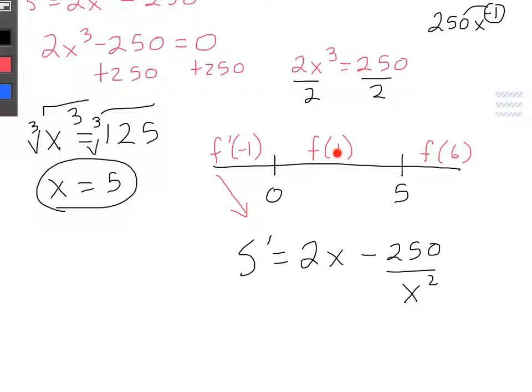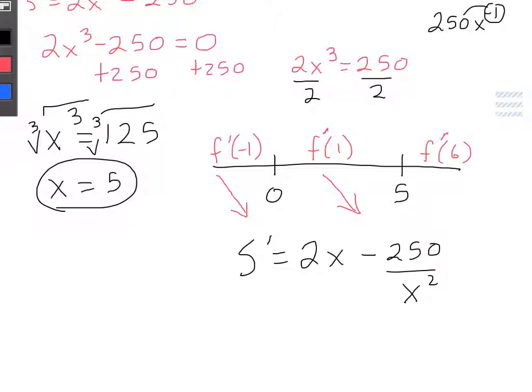Okay, so now we're plugging in 1, and I should have written, I missed my prime symbol right there. It's important to write your symbol so you know where you're plugging. I'm plugging into the derivative. So f prime of 1, that's positive 2, but that would be negative 250, so it's also going to be negative. So at 0, we don't have a max or min, do we?